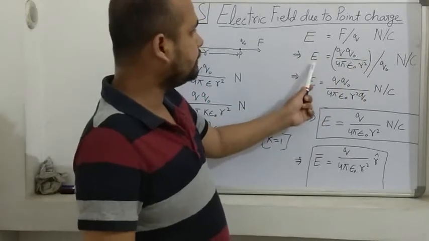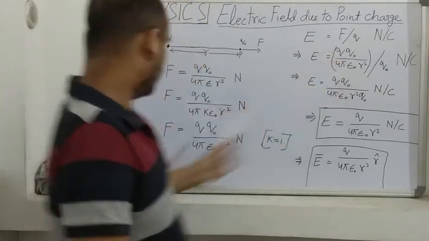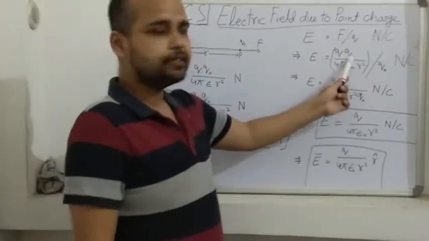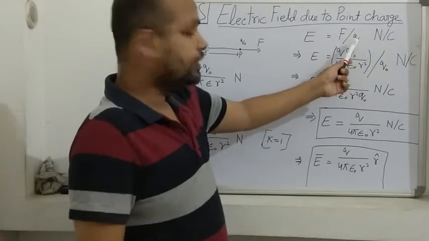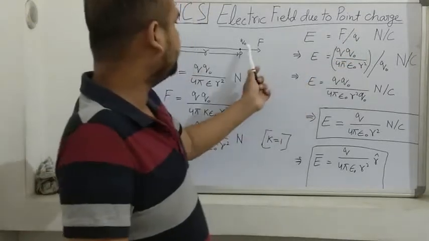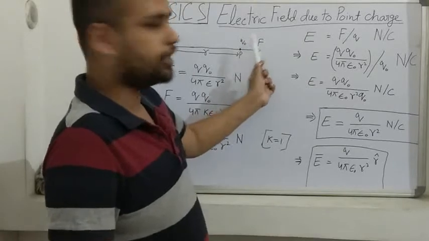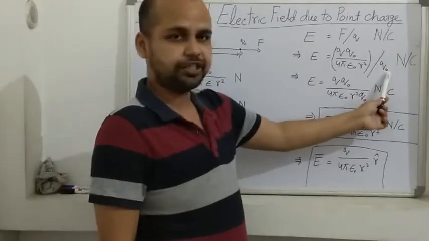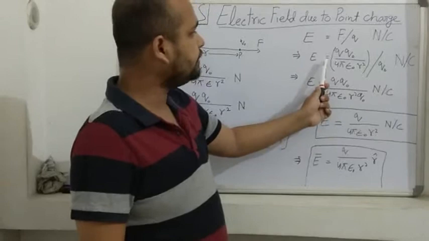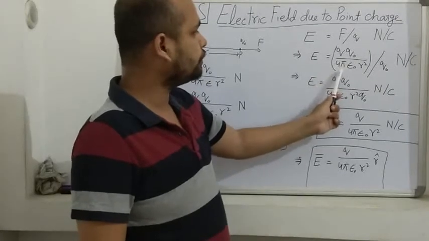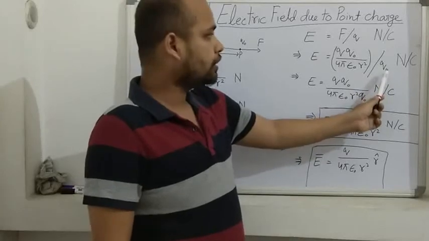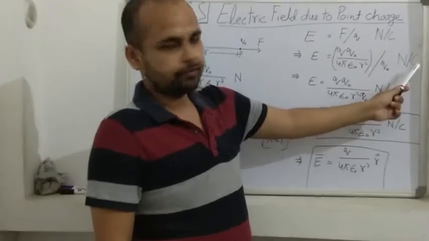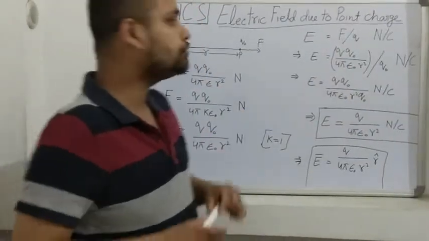So electric field will be equal to force F upon charge Q. So which Q? On which the force was acting. So the force was acting on the test charge, so here we will write test charge. So electric field E will be equal to Q Q naught upon 4 pi epsilon naught R square divided by Q naught, Newton per Coulomb. Electric field unit is Newton per Coulomb.